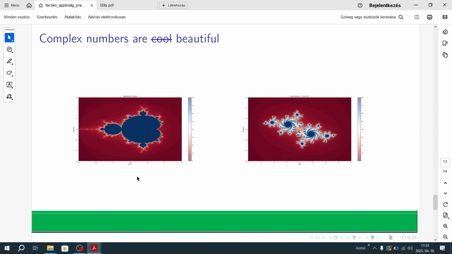So those numbers which don't go to infinity, which are not divergent, are displayed here. That's the Mandelbrot set, and the scale says when these numbers reach a certain threshold, for example 2, anything could be.